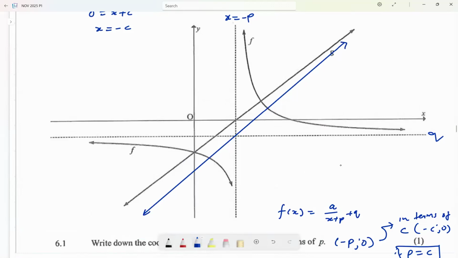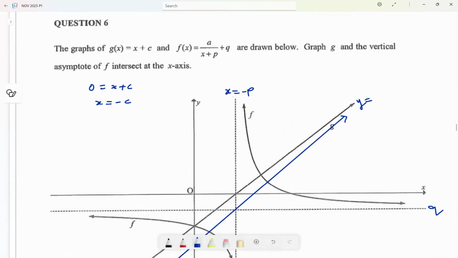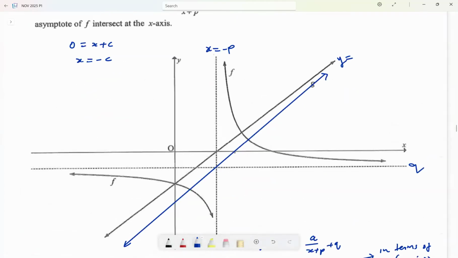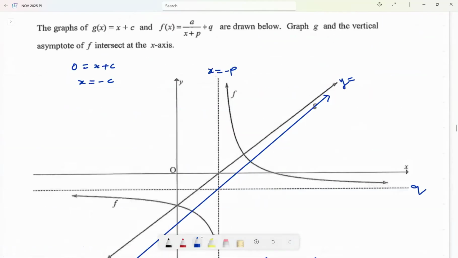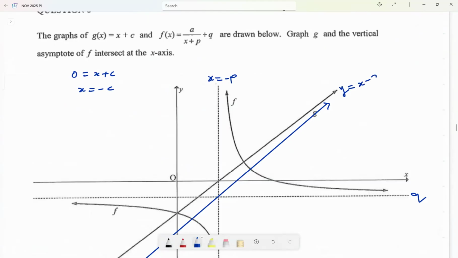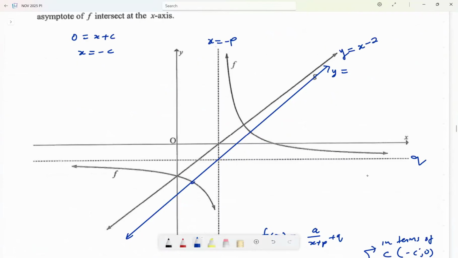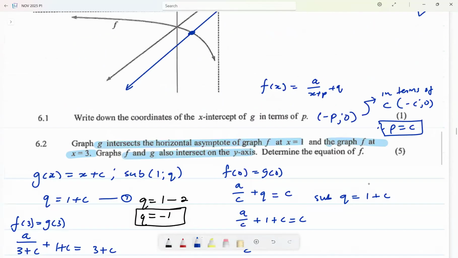So this is there. Remember, this is an equation of y is equal to x plus c. C we know is -2, right? So this has an equation of y is equal to x minus 2. And then this one will have an equation of what? Now, let's find the equation of the axis of symmetry with a positive gradient, because can you see the one that cuts the graph twice is the one with a positive gradient. So how can I do that?